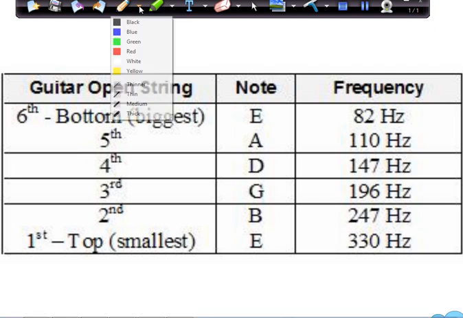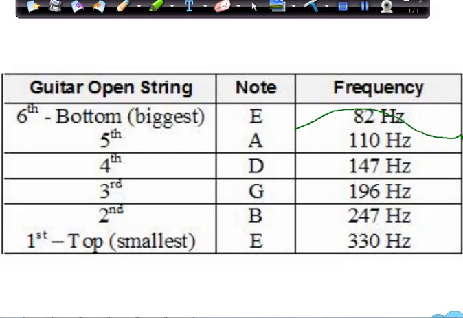Let's just do that. I mean, you just can't do this enough. You can say this is a long wavelength, and as we move down the strings E, A, D, G, B, E, the wavelength gets smaller and smaller.